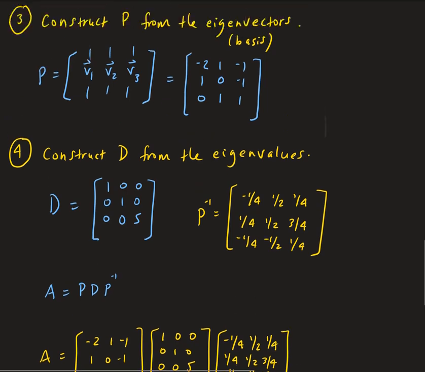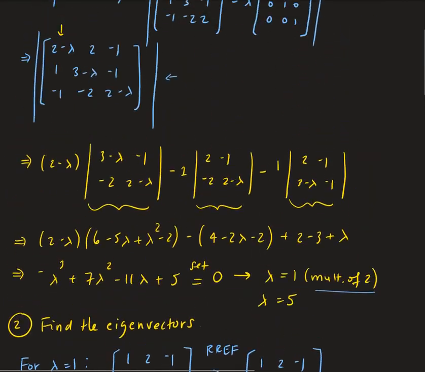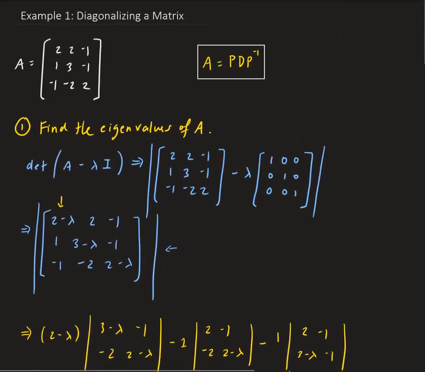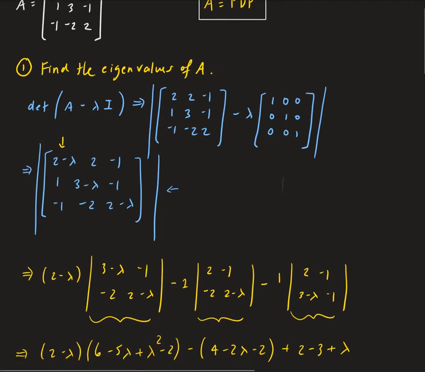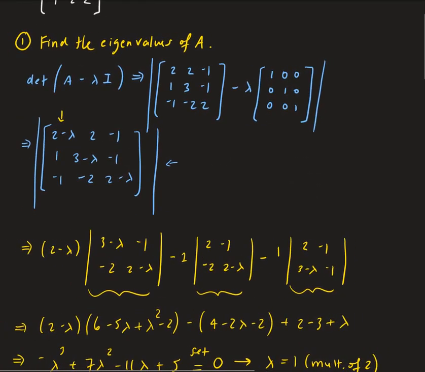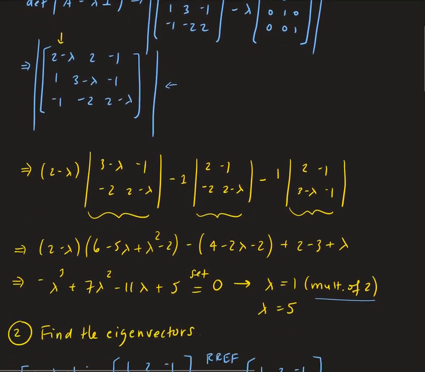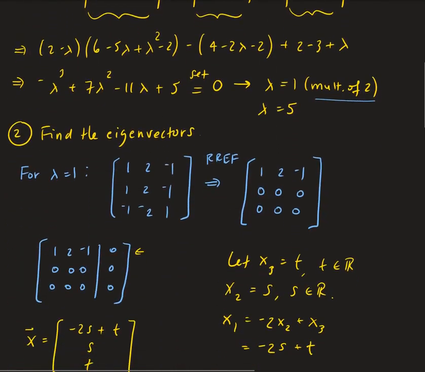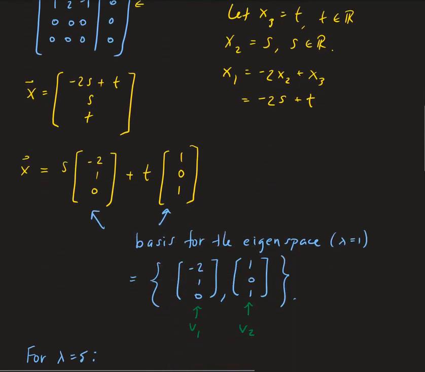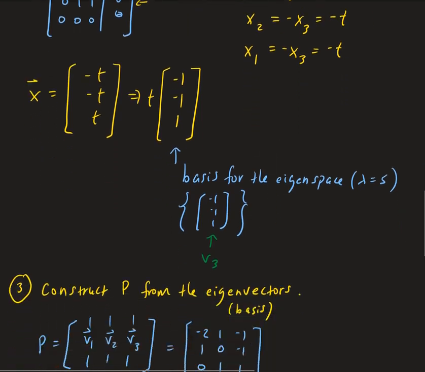So going back, this is the process to diagonalize a matrix. First you find the eigenvalues of that matrix, which form the diagonal matrix D. Then you find the corresponding eigenvectors, and those form the columns of P. As I mentioned, the order is important.